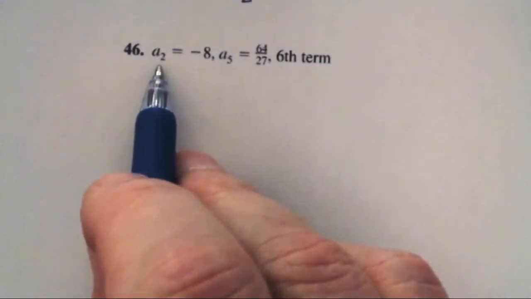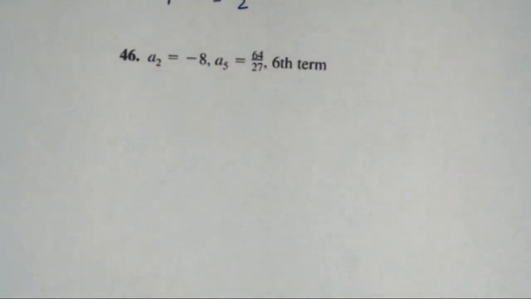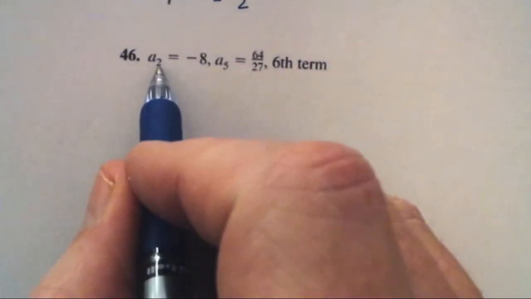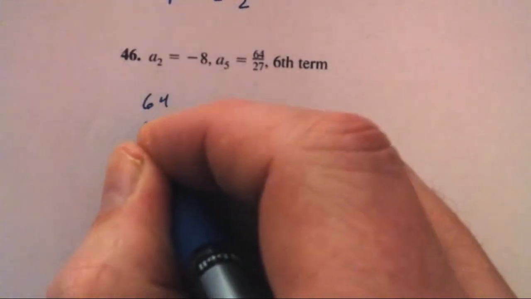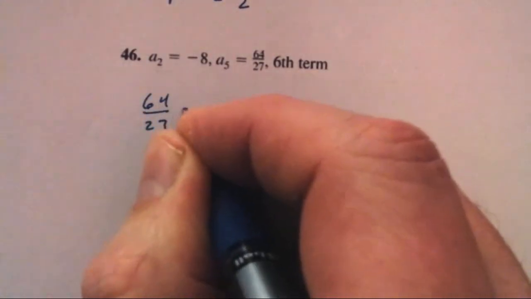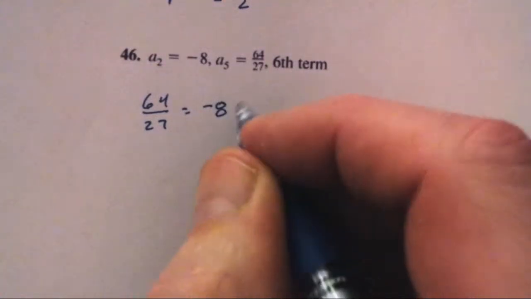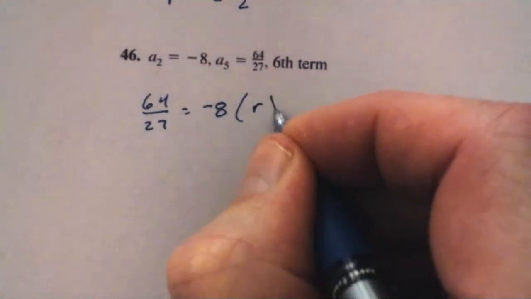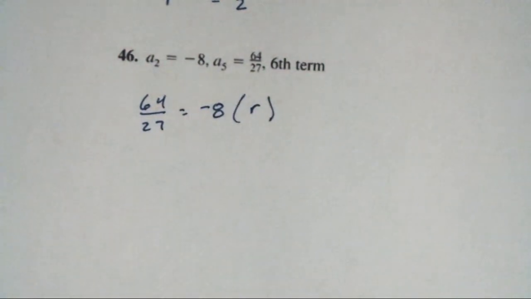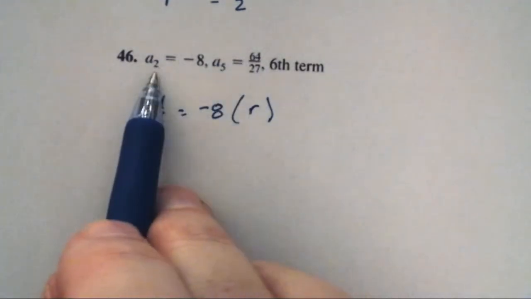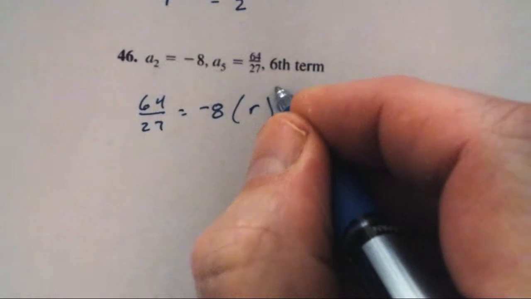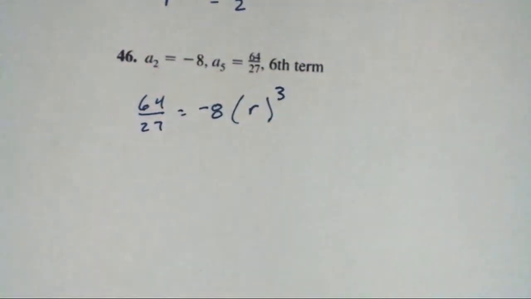Now they don't give us the first term. That's not an inconvenience at all. To get from the 2nd to the 5th, we ended up at 64 on 27. We started as -8. We multiplied that by some common ratio. How many times did we multiply it by that ratio from the 2nd to the 5th term? How many steps from 2 to 5? 3.